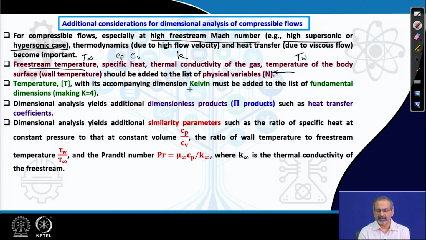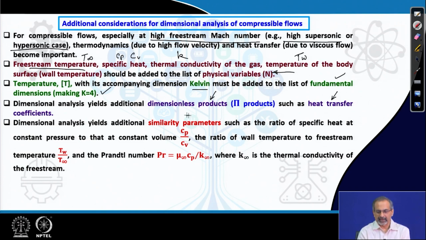Temperature with its accompanying dimension Kelvin in SI units must be added to the list of fundamental dimensions. So, it adds on to your list of k. In the low speed case, we took k equal to 3, here it will be k equal to 4. Dimensional analysis yields additional dimensionless products. So, you will have more pi products to look at, like heat transfer coefficients, say Nusselt number.